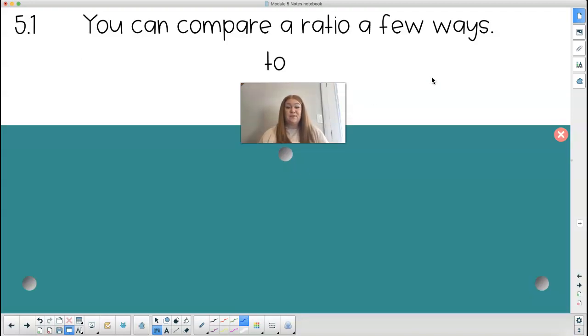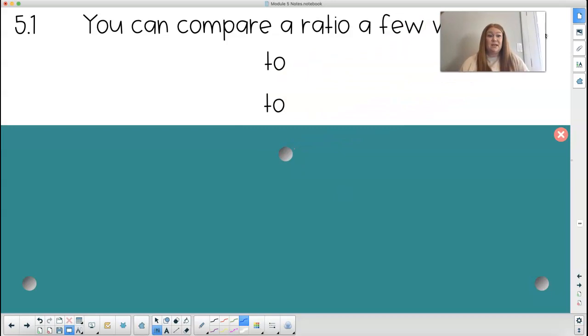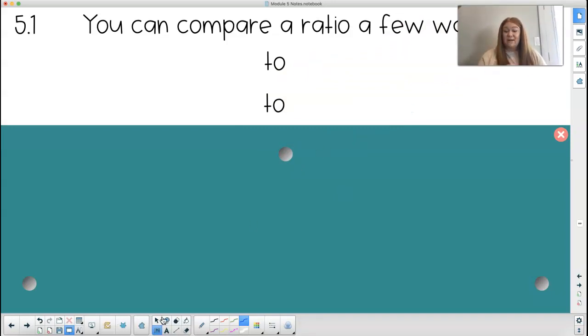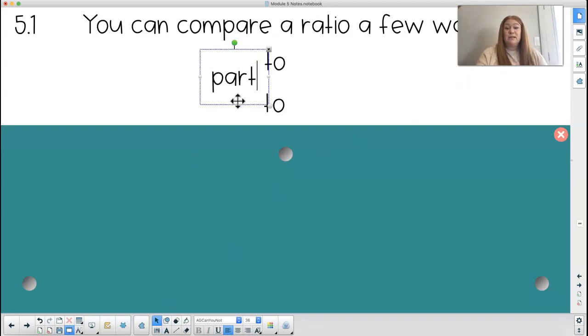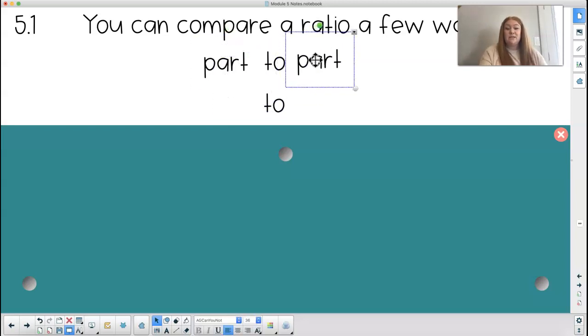So there's a few things we can compare when we are comparing ratios. We can compare part to part. Whoops, did not mean to press a D. So I can compare flour to sugar.